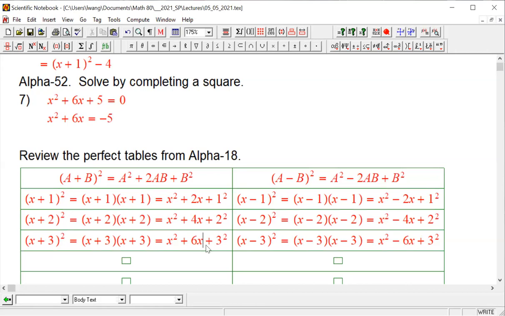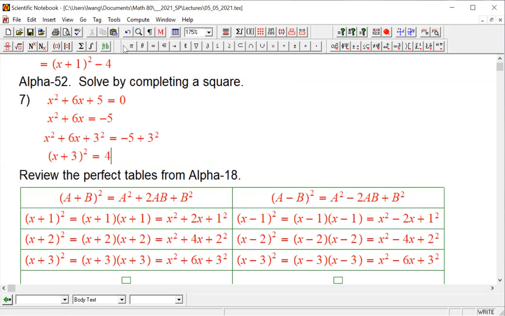We have x squared plus 6x. In order to make that a perfect square, we need to add 3 squared. Once we add this 3 squared and factor it, we get x plus 3 squared. Got it? Is that clear, everybody?